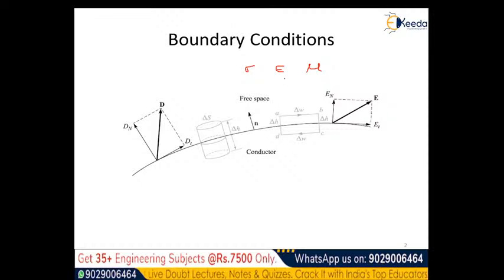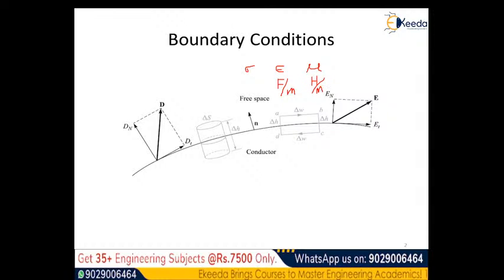Epsilon is measured in farads per meter. I hope you know that farad is the SI unit for representing capacitance, whereas mu, the permeability of the medium, is measured in Henry per meter.